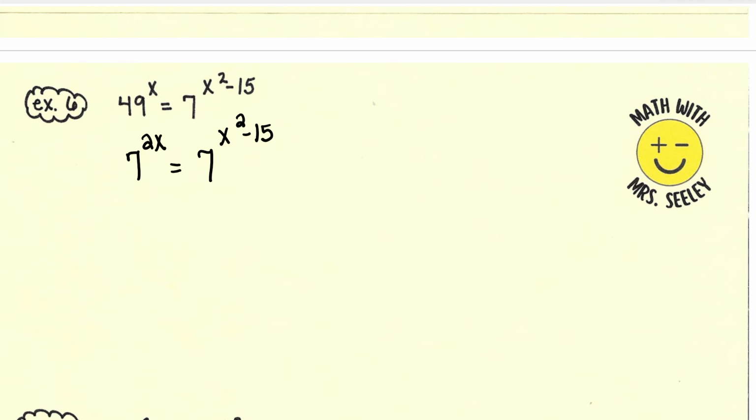All right, so we know we're going to drop those 7s and we're going to set those exponents equal to each other. When I do that, I'll have 2x equals x squared minus 15. Well, hopefully you recall that when you have an equation like this, with x squared, you need to set it equal to 0 and try to factor it.